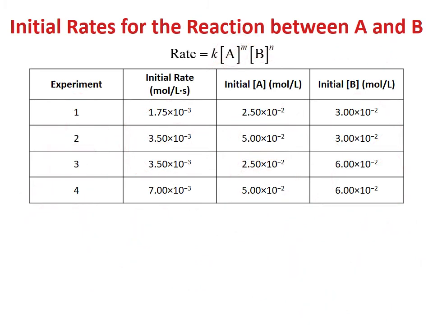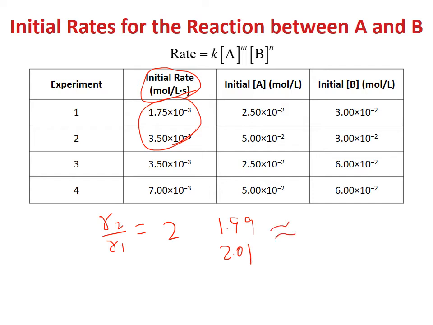One more thing I want to point out is that when you measure reaction rate, in reality, there are different types of errors. So instead of here, where when you calculate the ratio 2 over 1 you get exactly 2, in reality you may get 1.99 or 2.101. In this case, you approximate the reaction rate ratio as just 2.